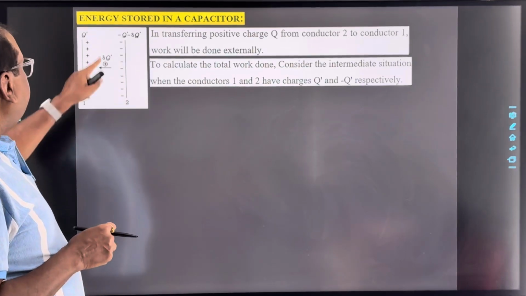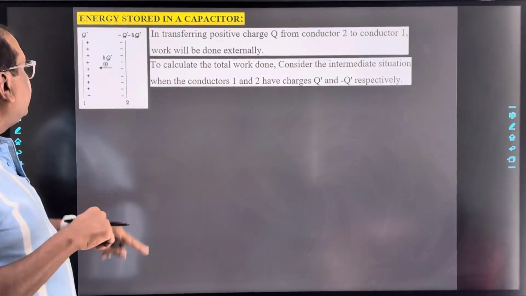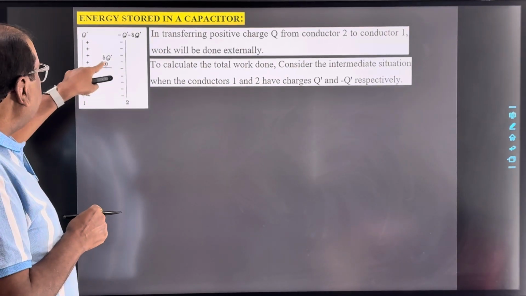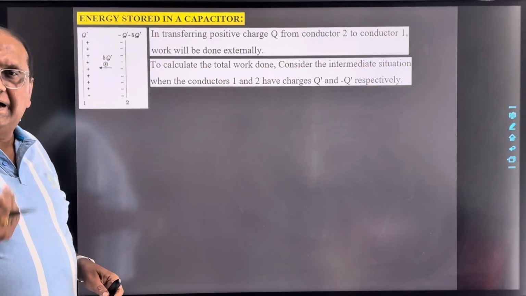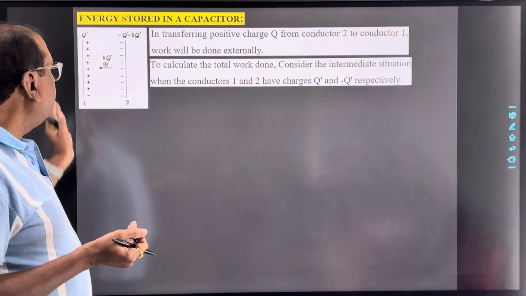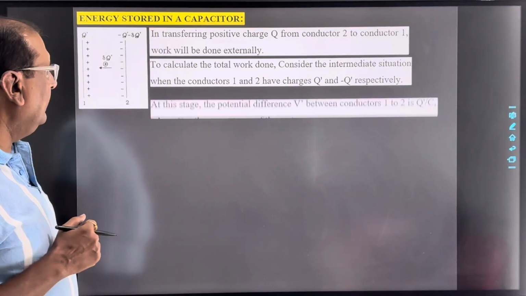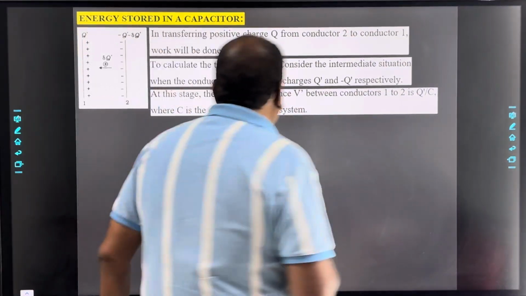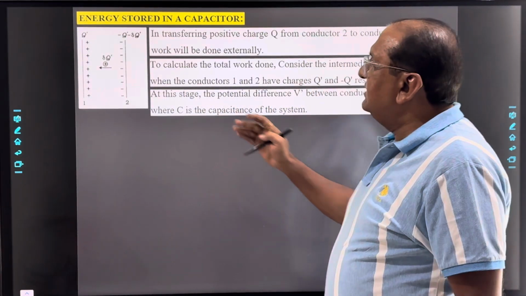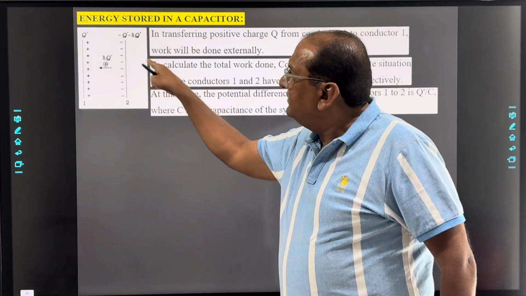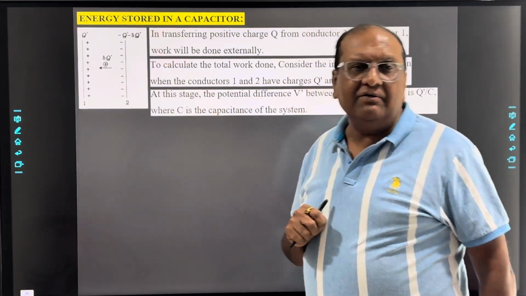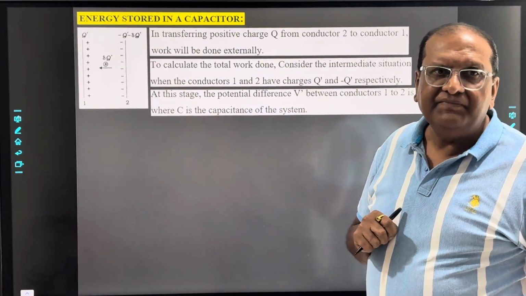In this situation, if we transfer a small charge delta Q' from plate 2 to plate 1, we have to do some work against the field in the capacitor.